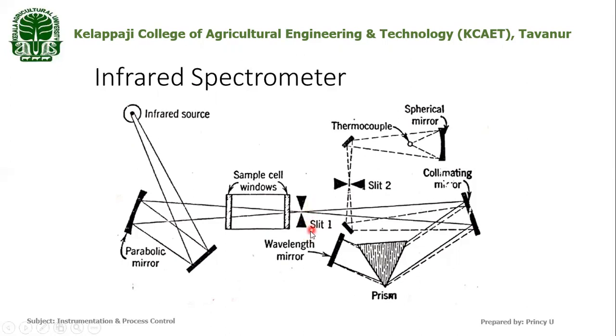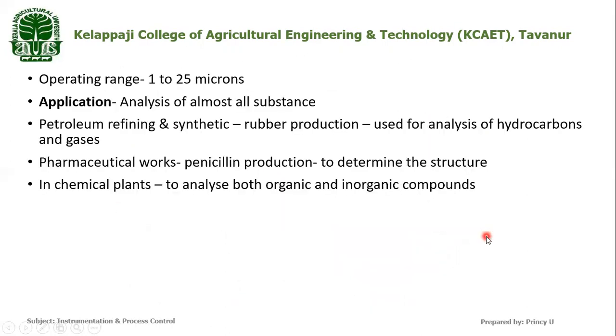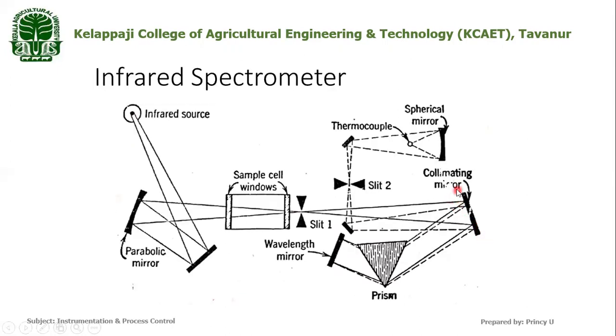Okay, and slit 1 is used to form a beam of very narrow width, ഒരു very narrow width beam produce ചെയ്യാൻ വേണ്ടിയിട്ട് നമ്മൾ ഒരു slit place ചെയ്തിരിക്കണം. And this will provide a narrow beam to hit on a collimating mirror. Okay, then it is rendered to a parallel beam, നമ്മൾ ഇങ്ങോട്ട് വന്ന് വീഴുന്നത് ഒരു പാരലൽ ബീം ആയിട്ട് പ്രൊഡ്യൂസ് ചെയ്യും, which is passed through a prism, and this prism will refract this beam into a wavelength mirror which is placed at a particular angle.